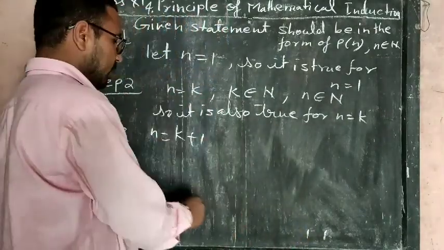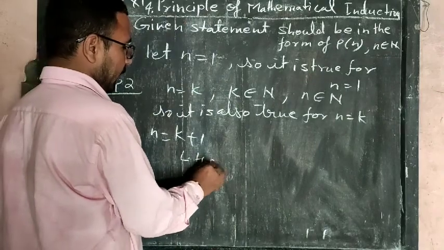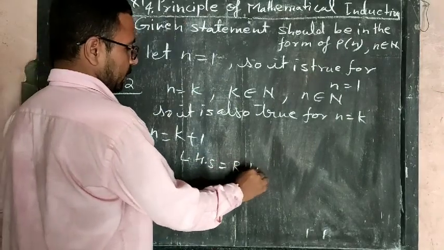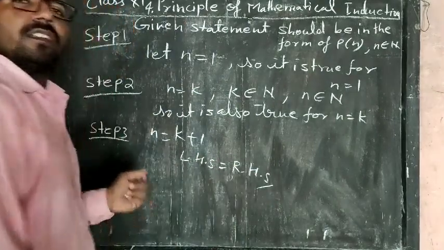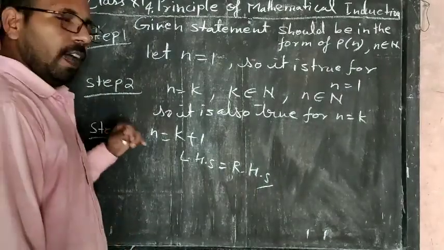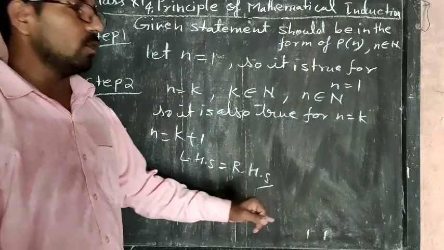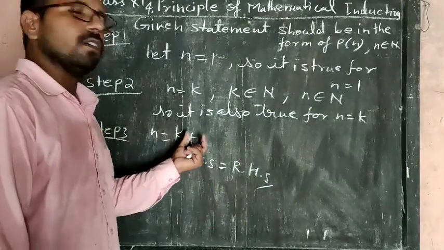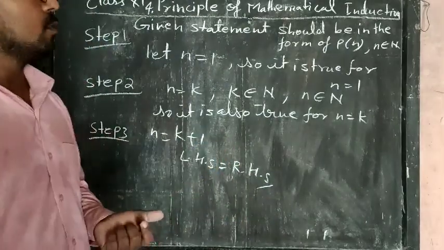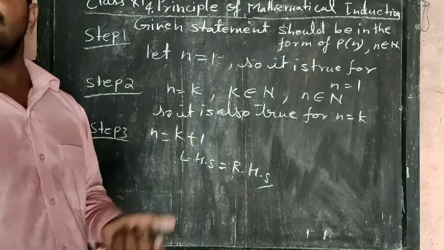If we are getting LHS is equal to RHS by solving, then we will say hence the given statement is true for n is equal to k plus 1 also, by the principle of mathematical inductions.